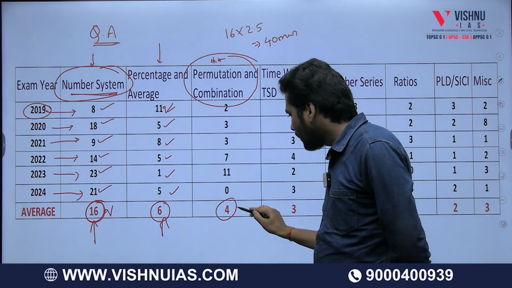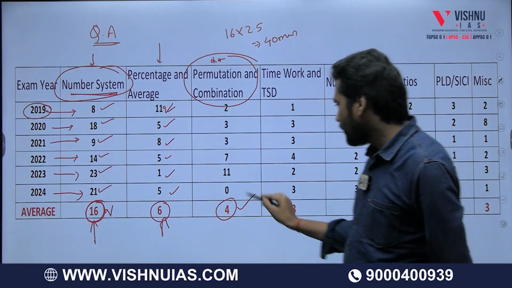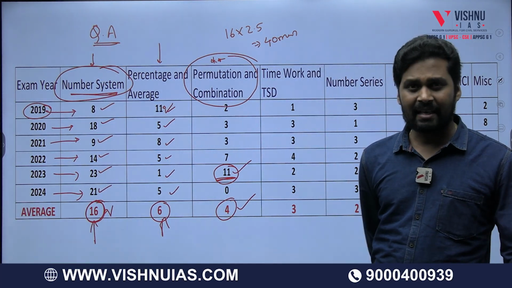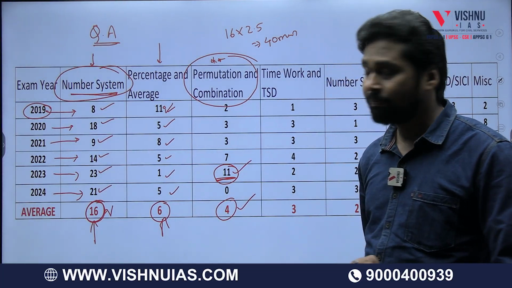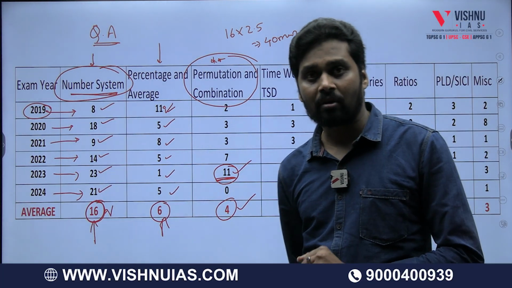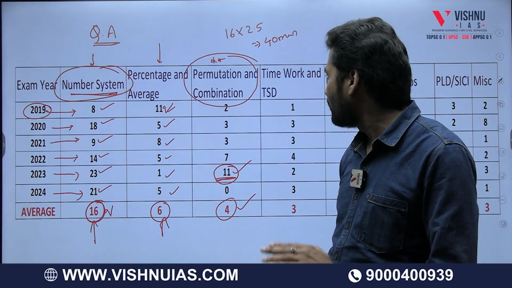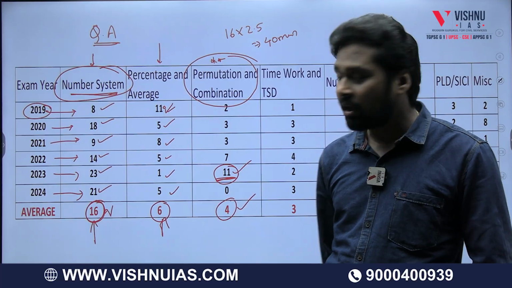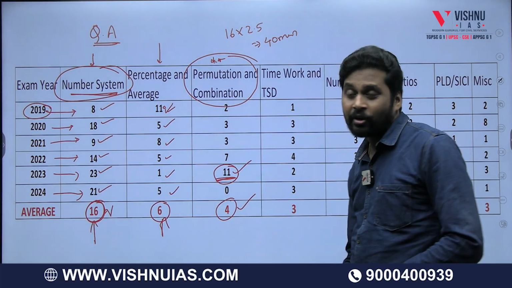On an average, you can see 4 questions from this topic. Especially in 2023, maximum questions were allotted to permutations and combinations. In the last few years, the weightage given to permutations and combinations has increased. You can also go through this topic.